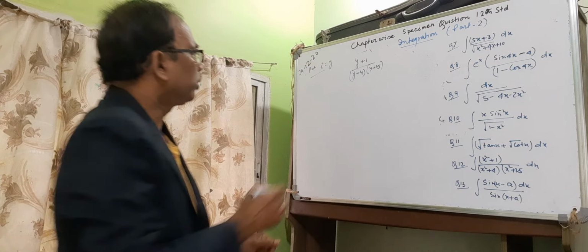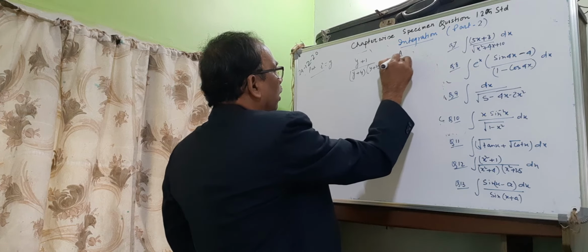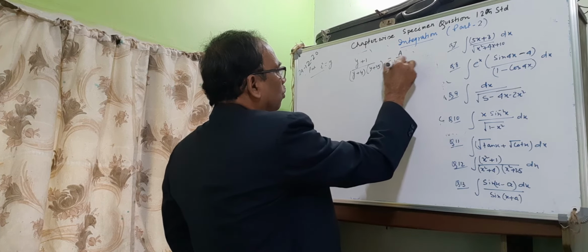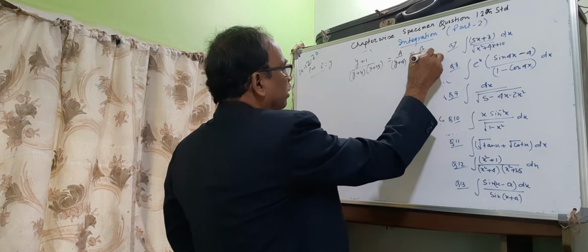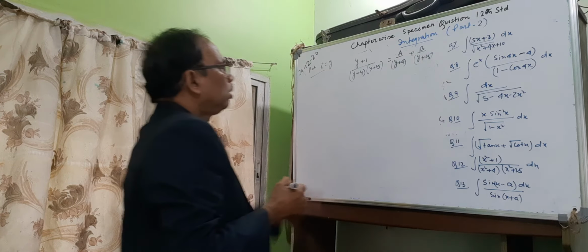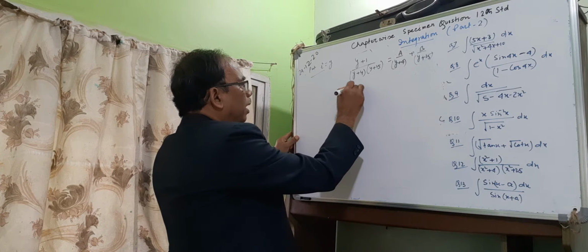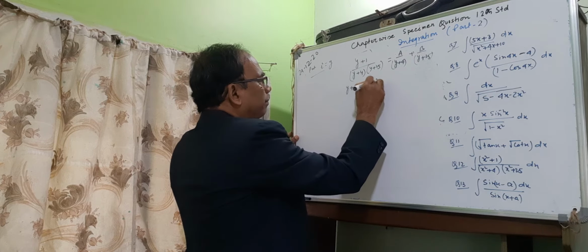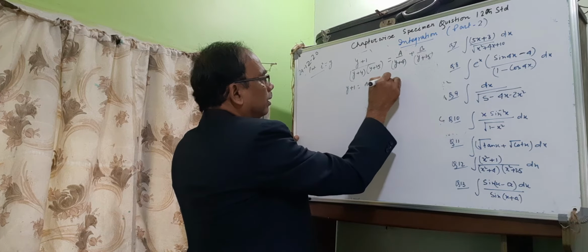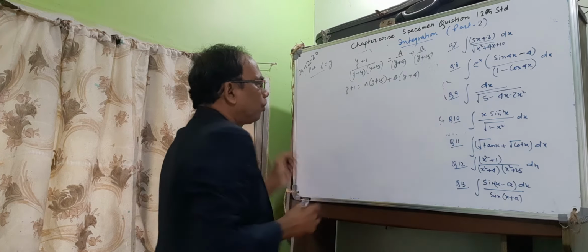By partial fractions, we can write this as a over y plus 4 plus b over y plus 25. Now multiplying the denominator on both sides, we get y plus 1 equals a into y plus 25 plus b into y plus 4.